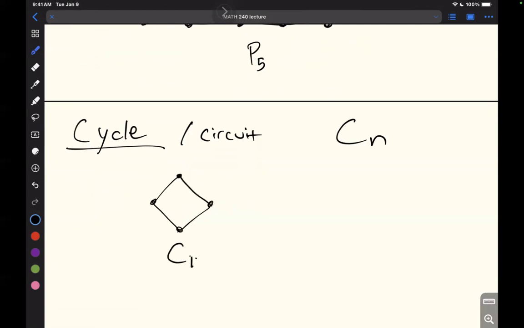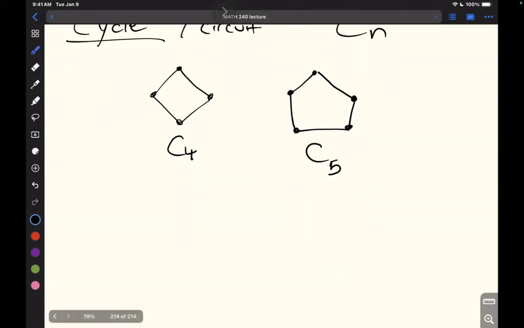So for example, this is C4. This is C6. So the cycle on, wait, no, that's not C6. 1, 2, 3, 4, 5. I can count. Cycle on 5 vertices.